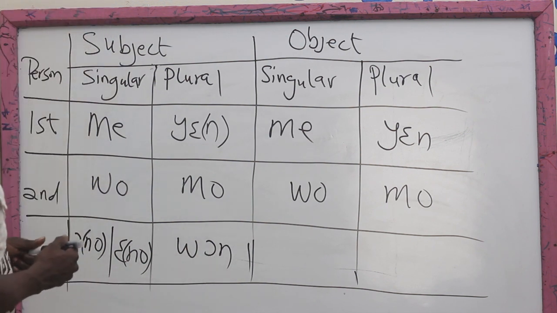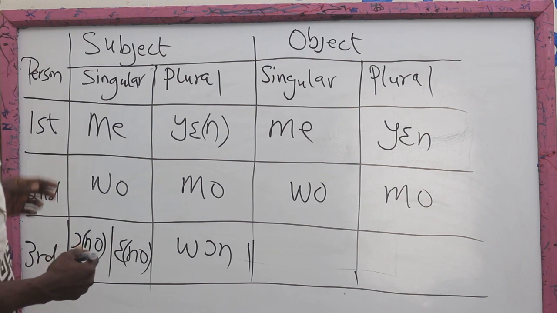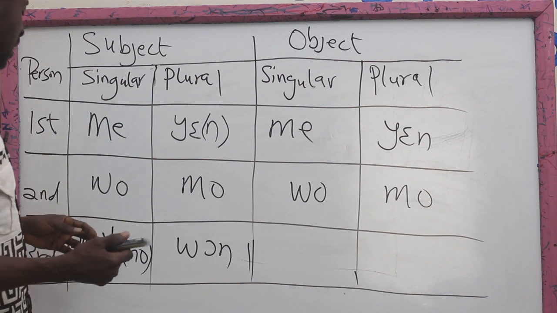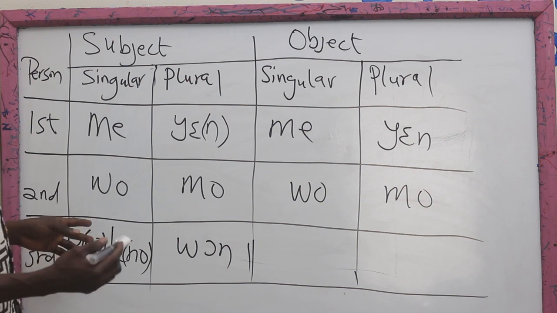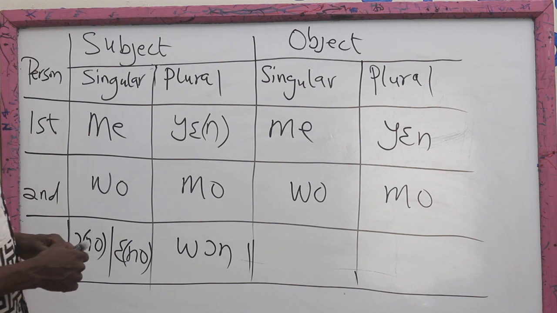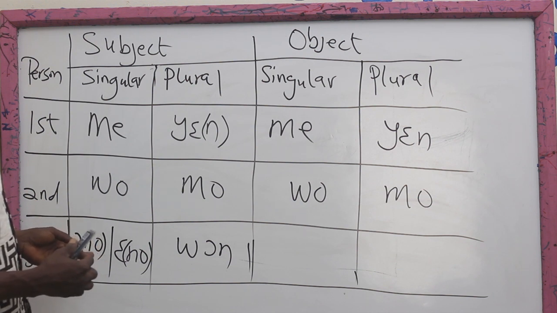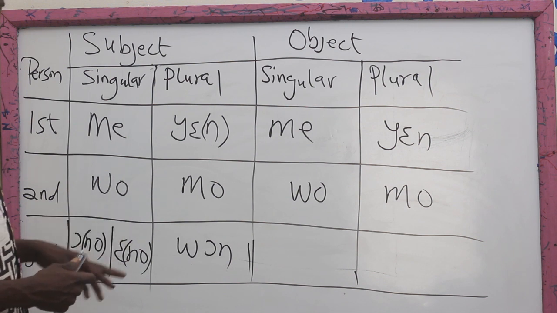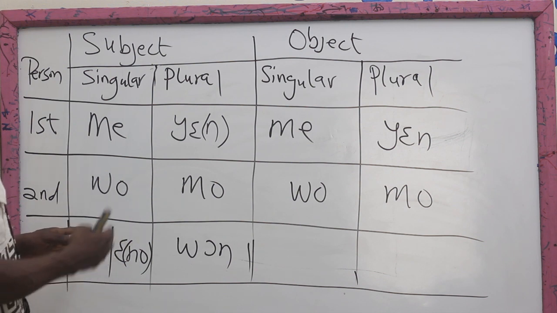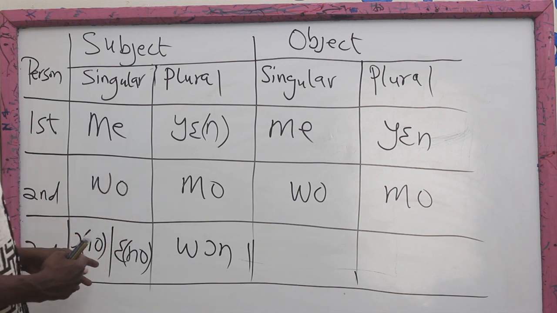And remember, in Akan, we don't distinguish between gender, talking about third person, subject and object. We don't distinguish between genders, but we distinguish between animate and inanimate. So unlike English, where we have he, she, it, distinguishing he and she, in Akan the animate is ono.